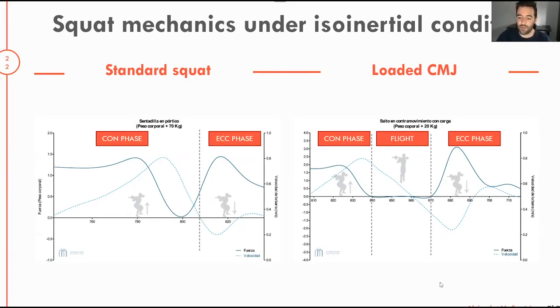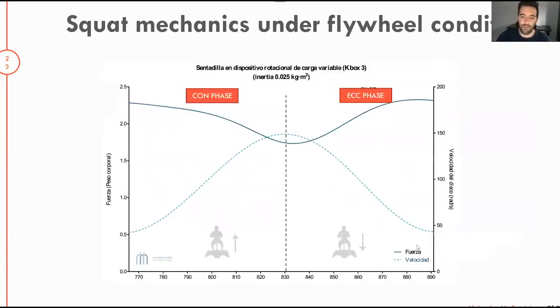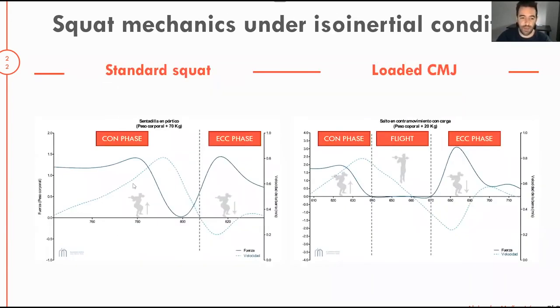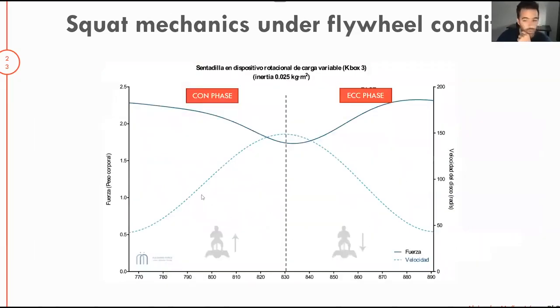But what is happening in a flywheel device? Of course, here we're talking about vertical force production, which is measured with a linear encoder. But here we present a rotary encoder, in radians per second, and we are not using the vertical one because most of the rotary encoders, which are already on the flywheel devices, provide this rotary speed.